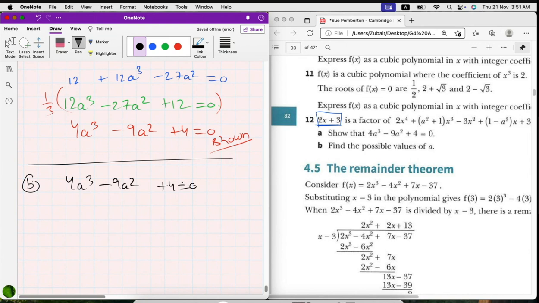So with 1, I'm getting negative 1. I'm trying 2. With 2, I got 0. Basically, a is equal to 2. 4 into 2 cube minus 9 into 2 square plus 4, so I'm getting 0.